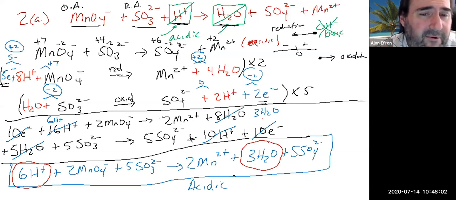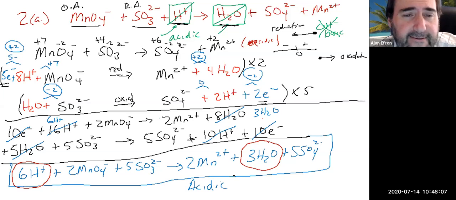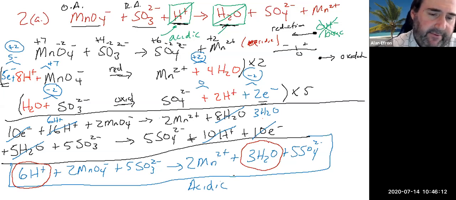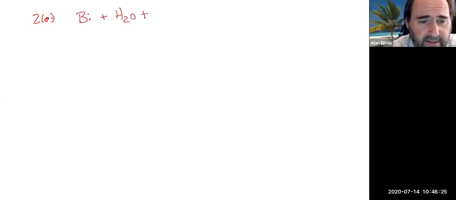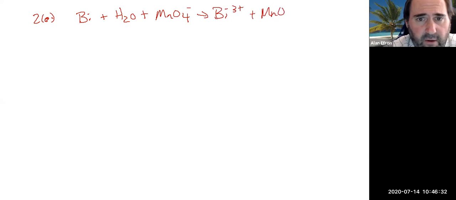So let me just look real quick here. 2E, for example, if you look at 2E, you have this equation, which is bismuth plus water given to you, MnO4 minus, Bi3 plus, MnO and OH minus.